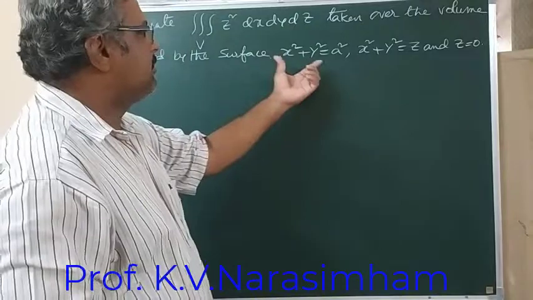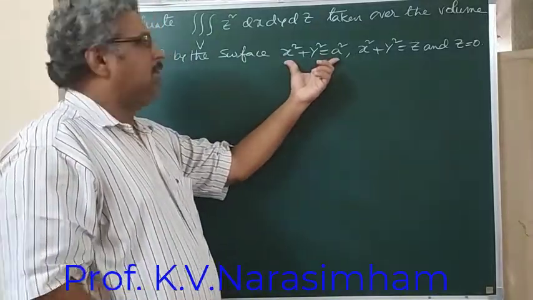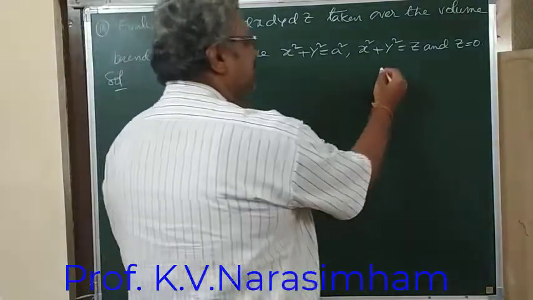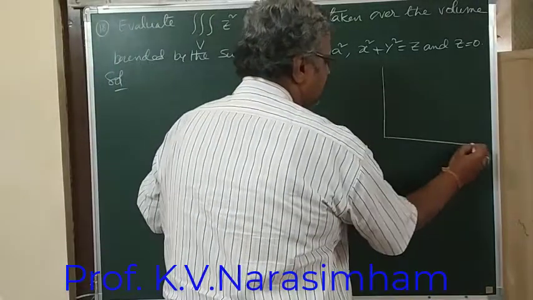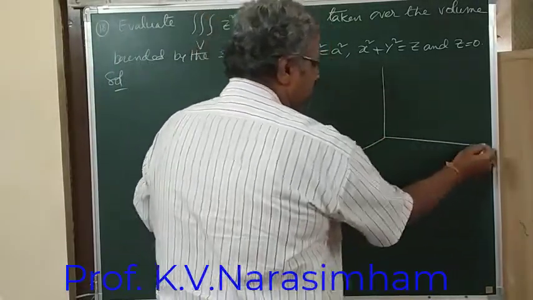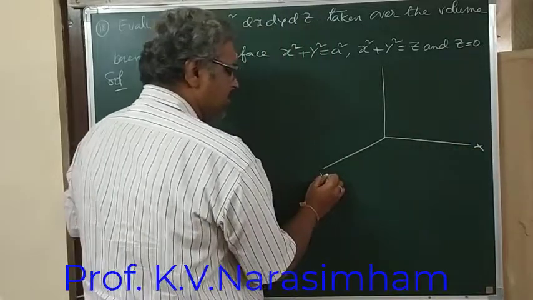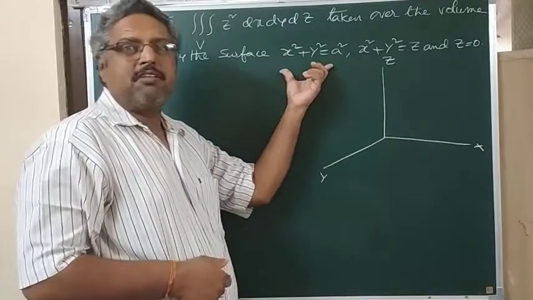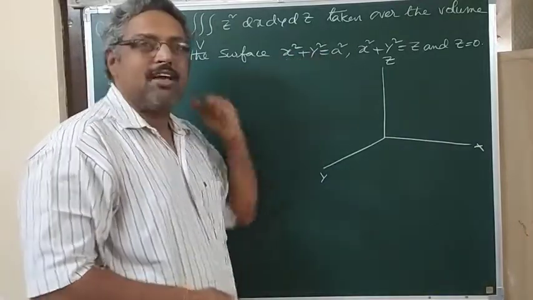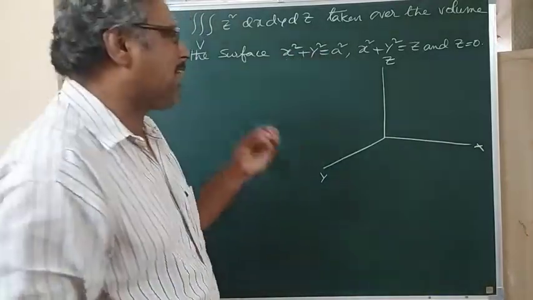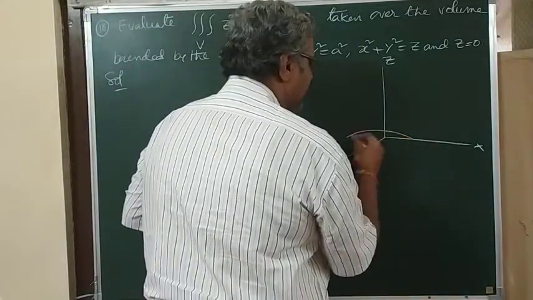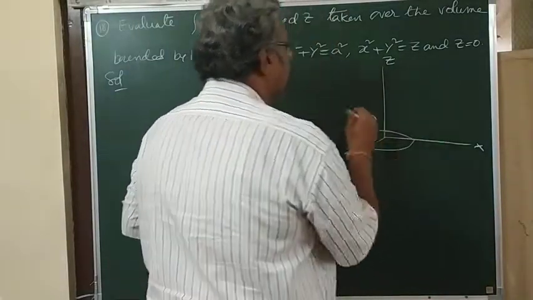For this purpose, first observe the first surface, x square plus y square equals a square. Now this is the x-axis, y-axis, z-axis. Now observe, x square plus y square equals a square represents a circle in the xy plane.